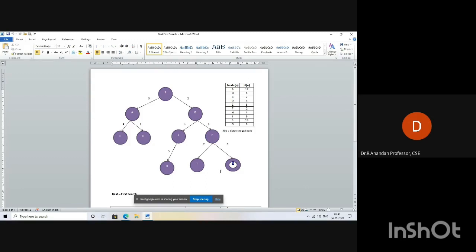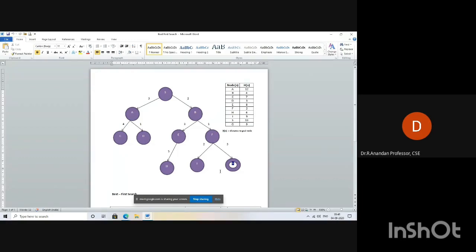Okay, till this, if there is any doubt, what is h of n? What is node n? Ask me. Till now, we have seen only the question part. We didn't go for the solution part.